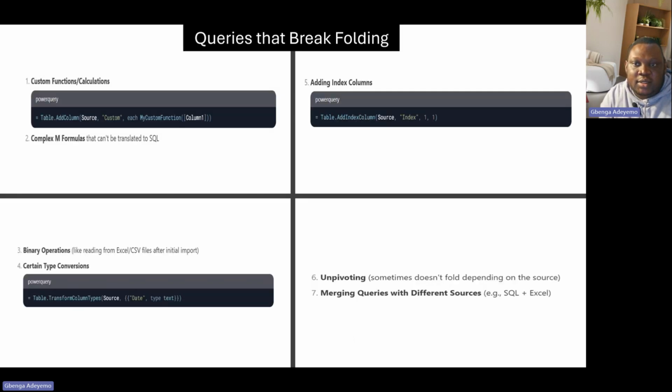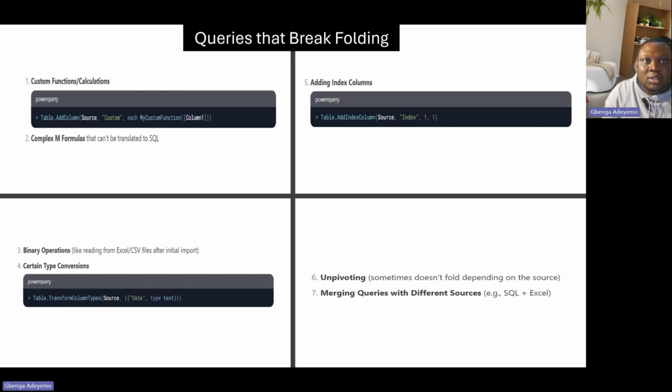Okay, let's go ahead. Queries that break folding. There are some things that you do in your Power Query that do not support query folding, right? For example, when you add an index column. Maybe you bring in some data and you do not have the primary key that comes with the data originally, and you now create index columns, especially for your dimension tables, right?